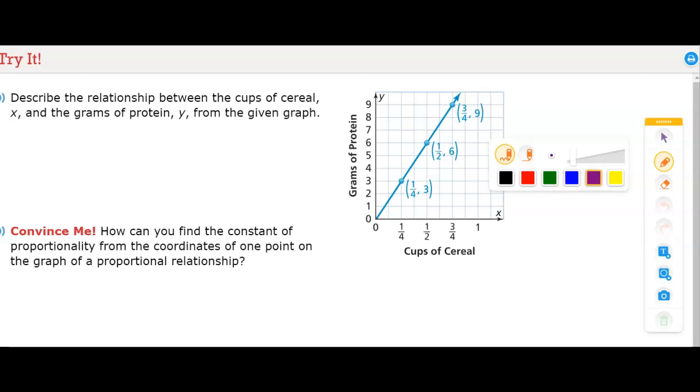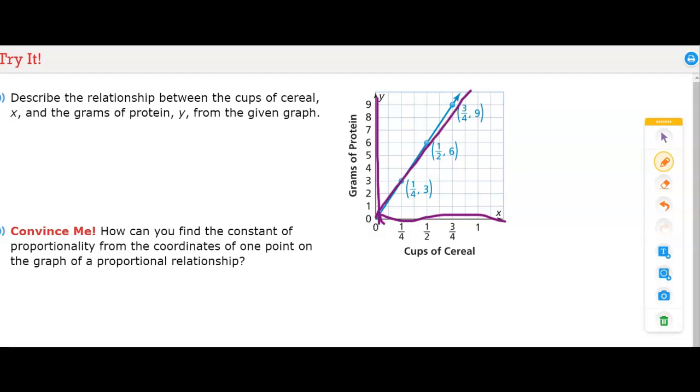First, on the x-axis we have the different amounts of cups of cereal, and on the y-axis we have all the grams of protein. Looking at the points, it starts at 0 and the line goes through all the points, so they're already proportional because it's a straight line.